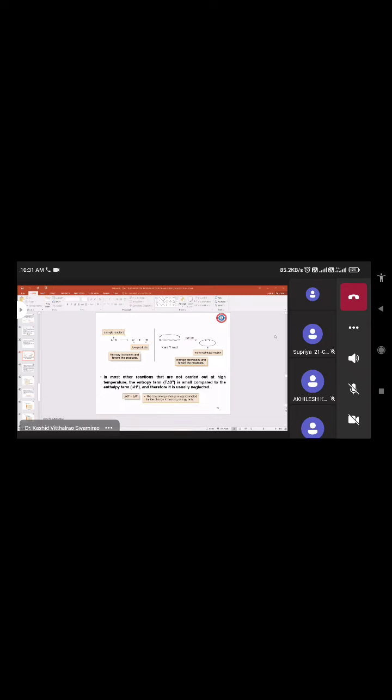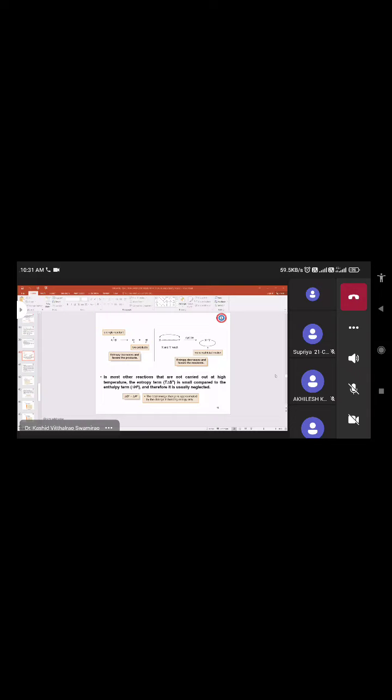While forming bond, it will release the energy. Means that particular area of your reaction, it is exothermic. It is exothermic because it is forming the bond, means it is stabilizing.